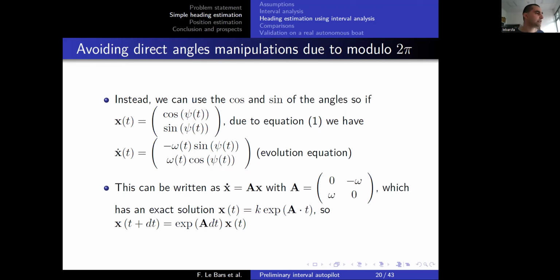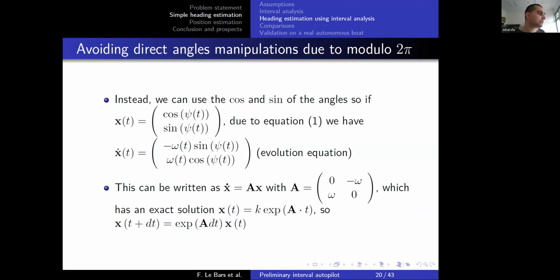So we can rewrite the problem with a state vector with cos and sin, rewrite equation 1, and find a way to integrate that equation. One quick way is to integrate it with the Euler method, for example, or other integration methods.